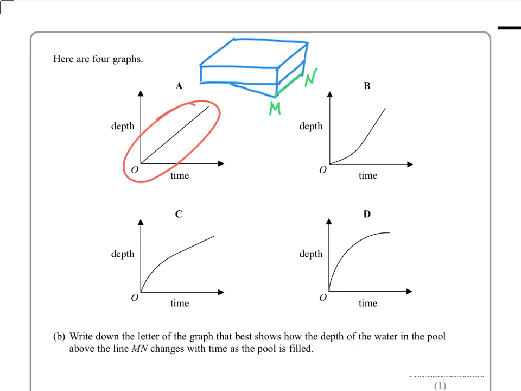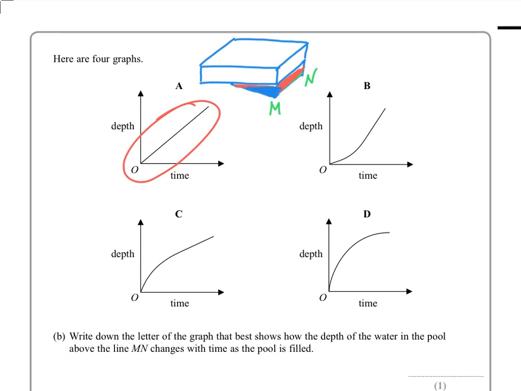I would also say that if you look at the triangular prism part, it's not going to be constant, i.e. linear. What's going to happen is, as you start filling from the base here, it's going to be reasonably fast here, but then it's going to slow down as the surface area increases.